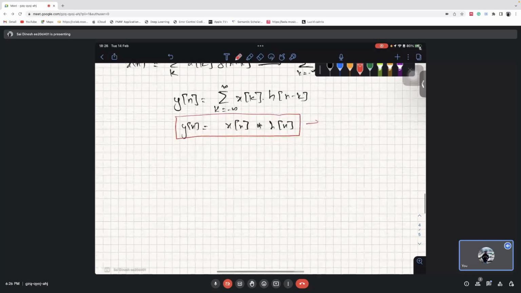Yeah, so this is the convolution, right? So we can talk about one or two examples. Let's say we have a signal.